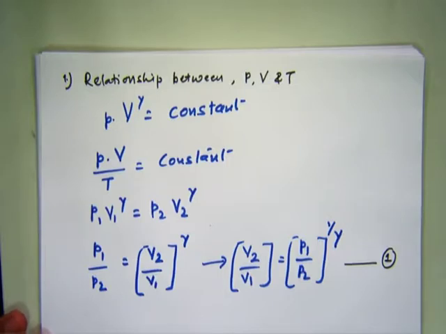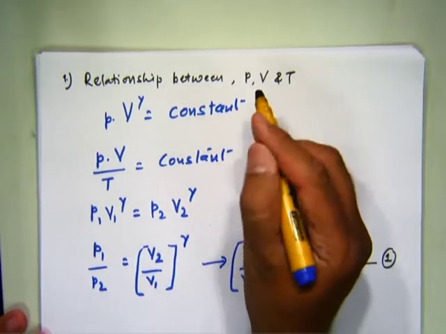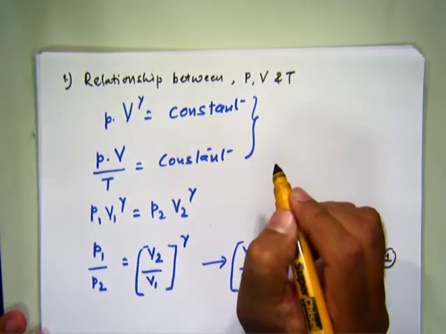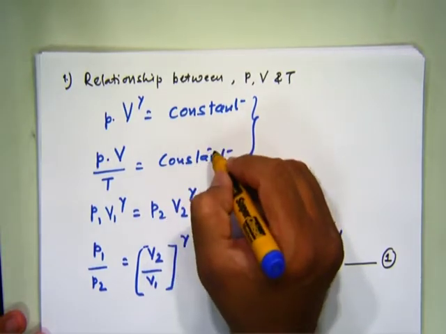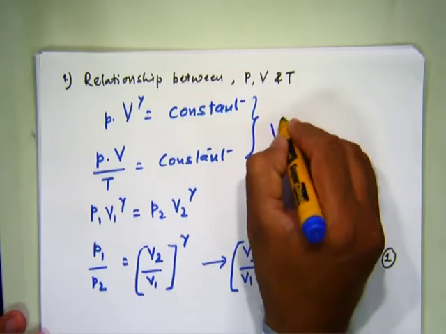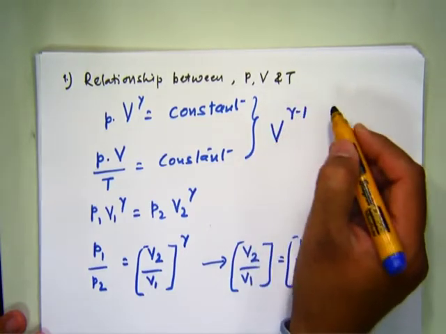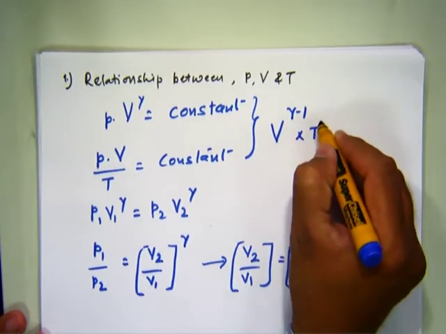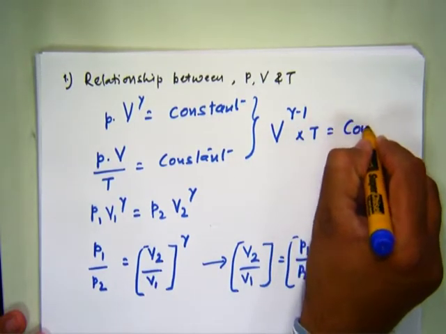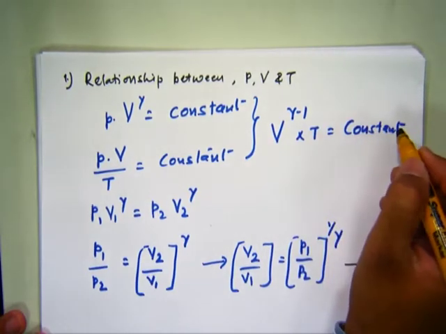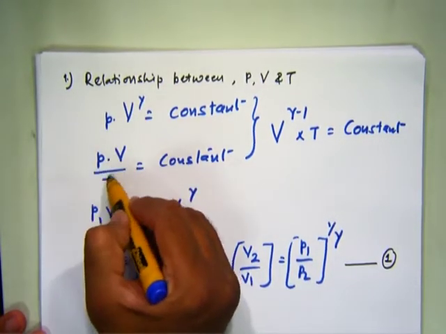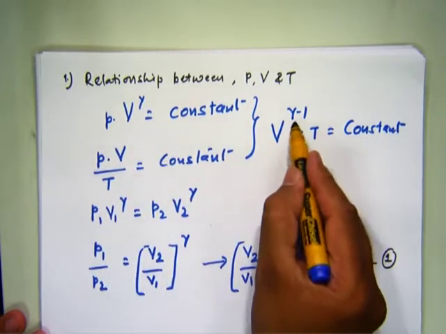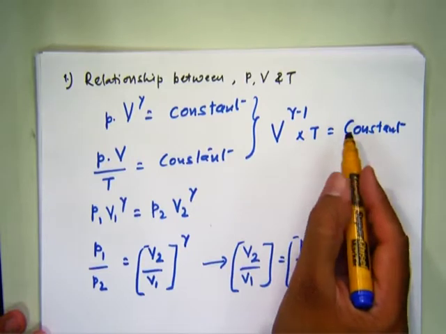Now if we divide P into V raised to gamma by PV by T, P will be cancelled out, and we get V raised to gamma minus 1 into T is equal to constant.